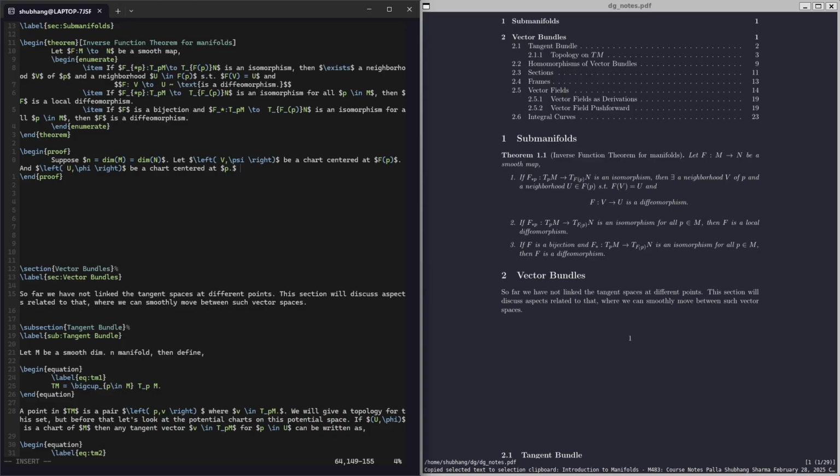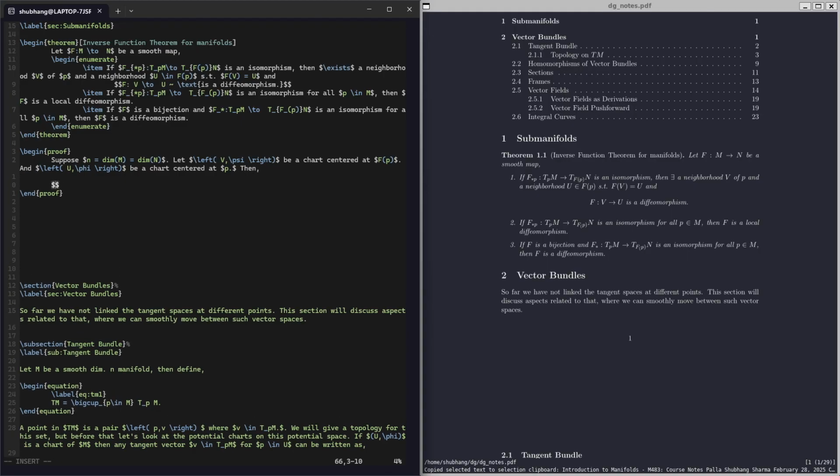It's clear where the charts are, right? Then G equals psi composed with f composed with phi inverse, which is from phi of U to psi of V. It's good to keep track of the Euclidean spaces also.